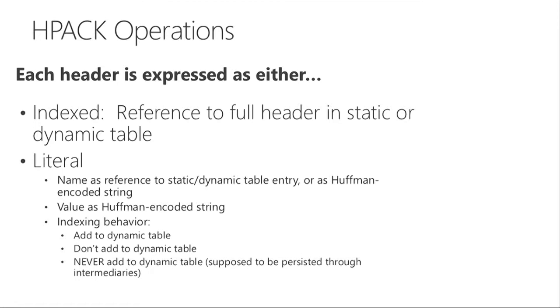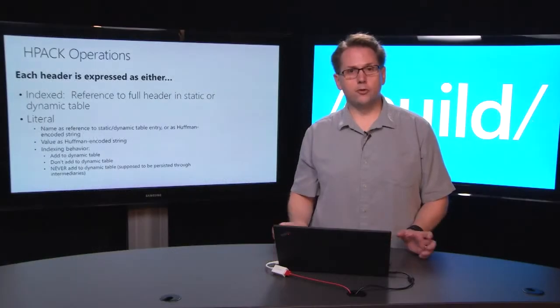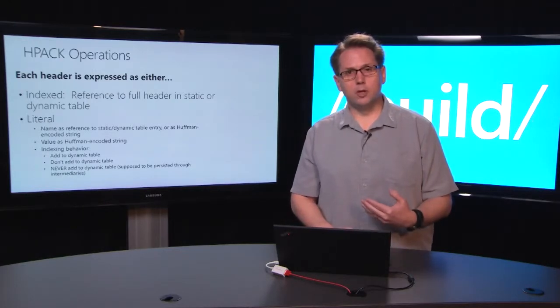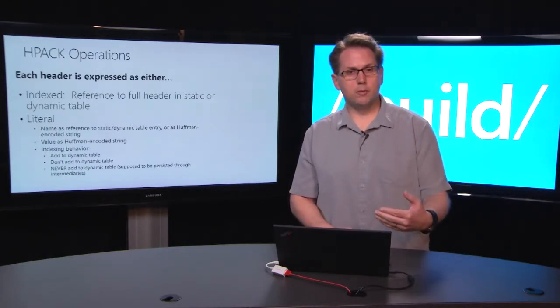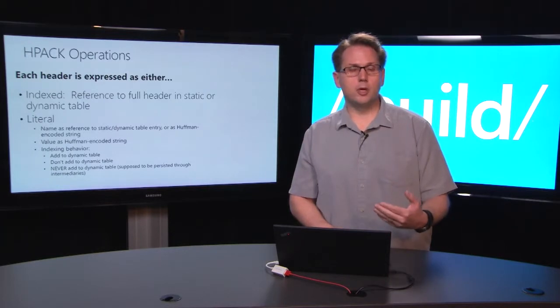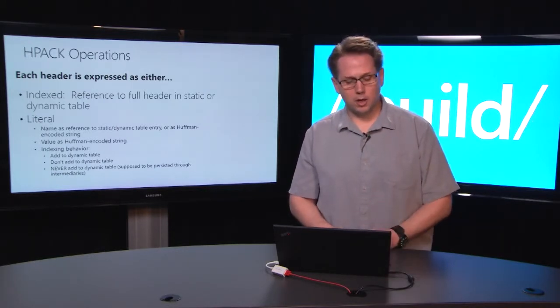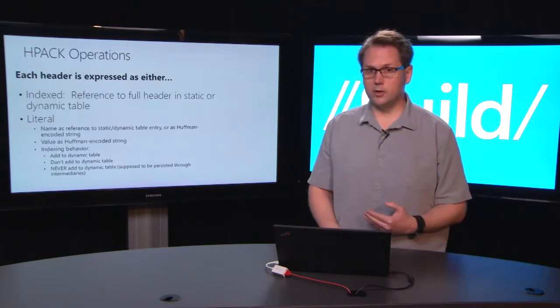By having this mechanism where the sender indicates what to add and what not to add to the table, we can have a matching table between the client and the server for both the send and receive paths. As a client, I will end up with a send table where I add values depending on what I want in the table, marking them as literals that say add to the table.